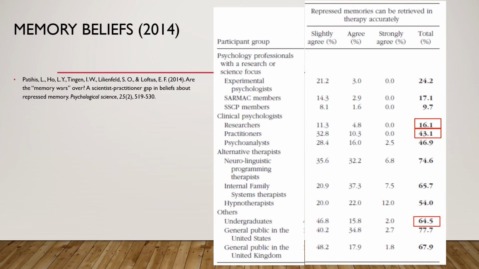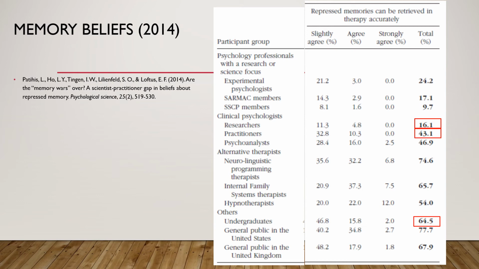And this article answered the question of, are there enough people in the general public who believe in repressed memories who might create some kind of demand for repressed memory therapy? The answer is yes. More than 50% have some belief in it.